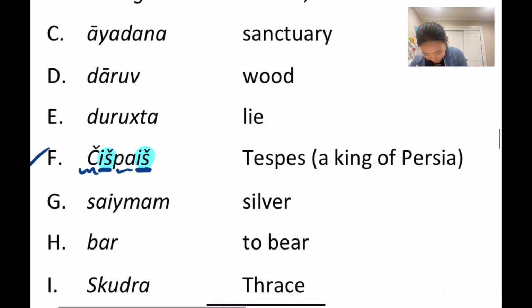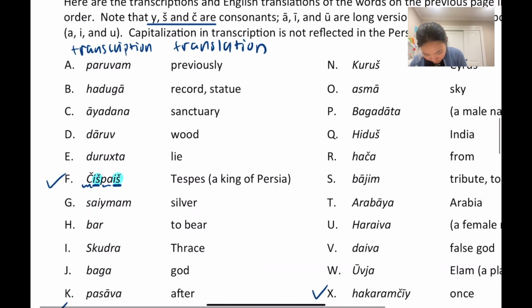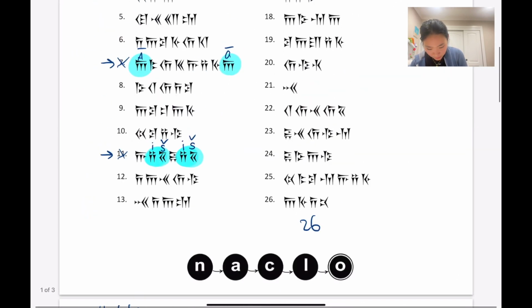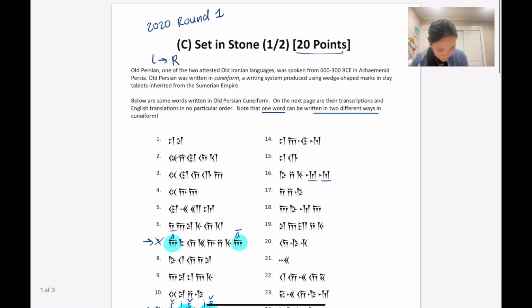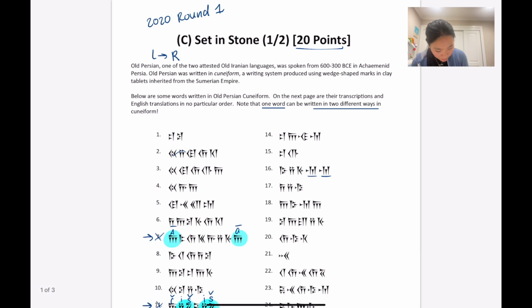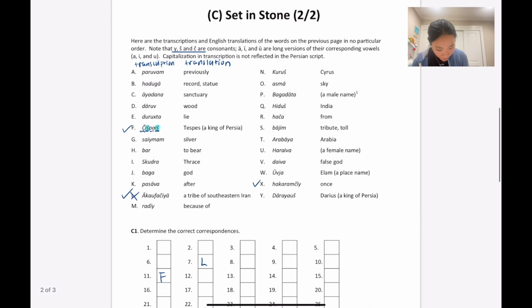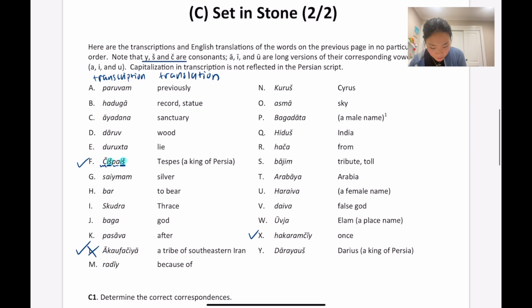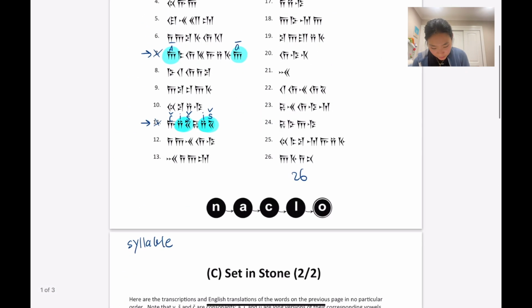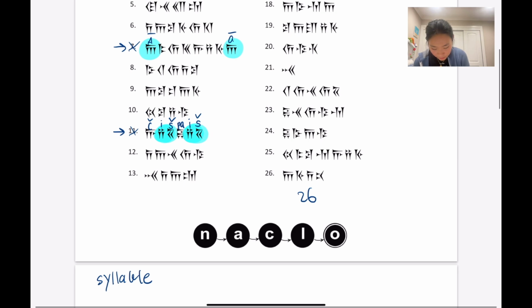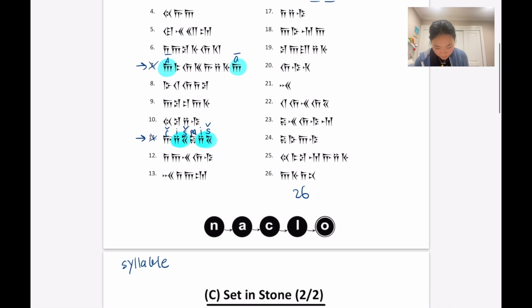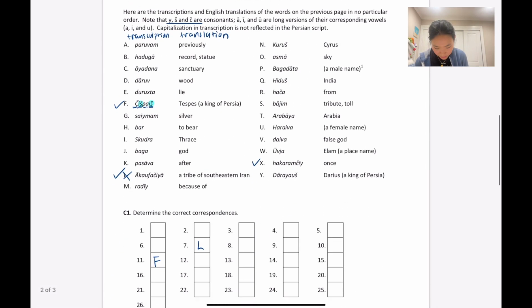So if we assume that, then we have this little C with the little marking, and it's capitalized, which is interesting. I remember it said somewhere about capitalizations. Capitalization transcription is not reflected in the Persian script. Okay, so that's good to know. But anyways, we have C and then maybe PA, right? So consonant vowel, this is one syllable, and that would give us the complete word. And that seems to match pretty well, so that's great.